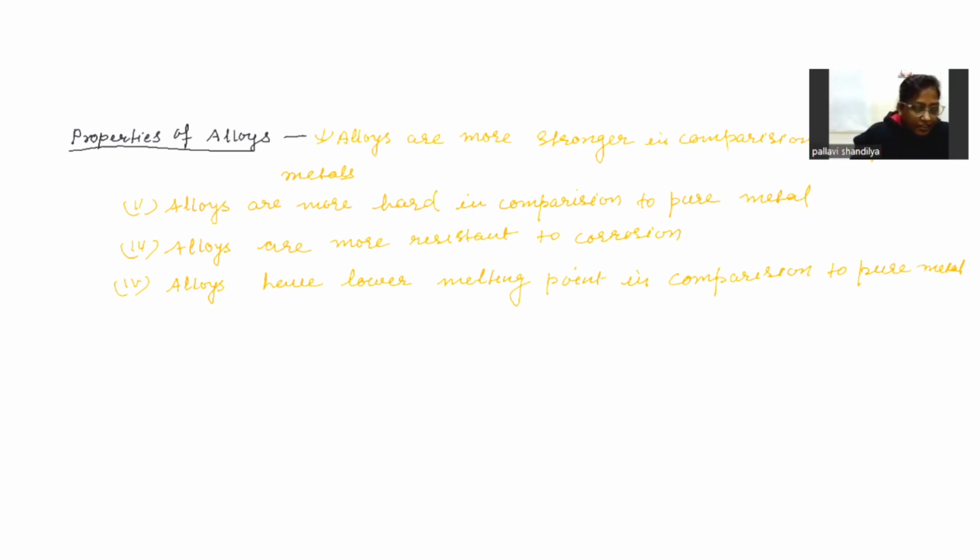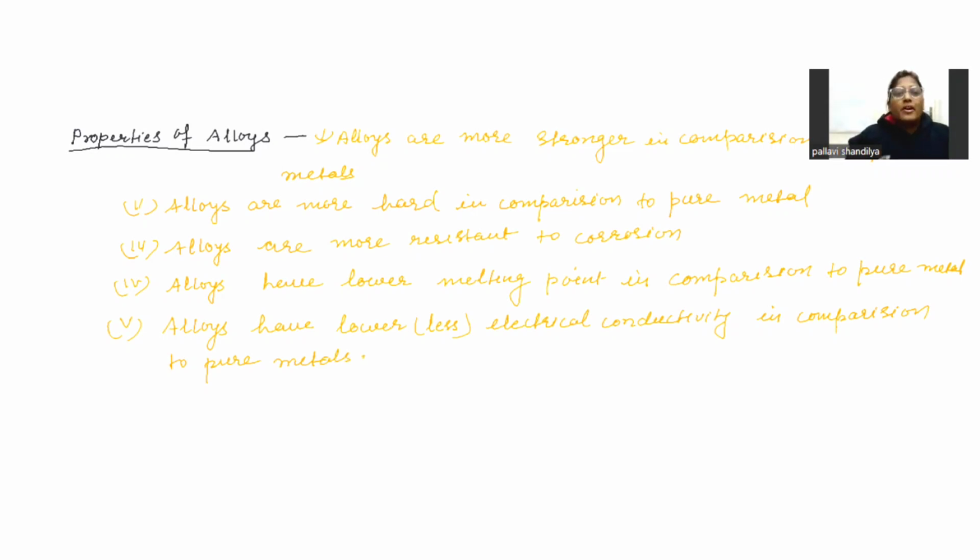And fifth point is alloys have lower, or we can say less, electrical conductivity in comparison to pure metal. Okay, so this is about the properties of alloy.